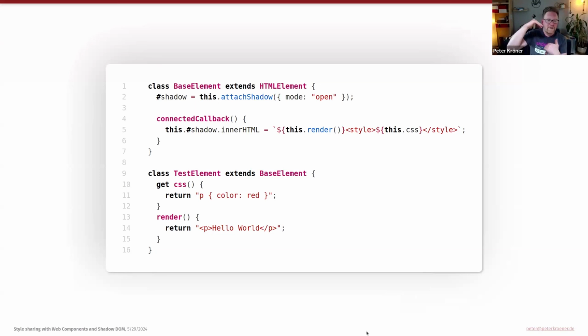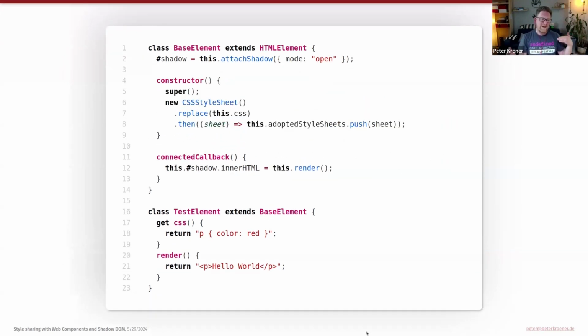You can still keep the developer experience of the class test element from line 9 in there, and you can swap out the rendering mechanism in line 5 with something like this, using constructed style sheets, but this doesn't buy you anything. This is just a more complicated approach of creating one style sheet for every web component. There's no sharing going on.